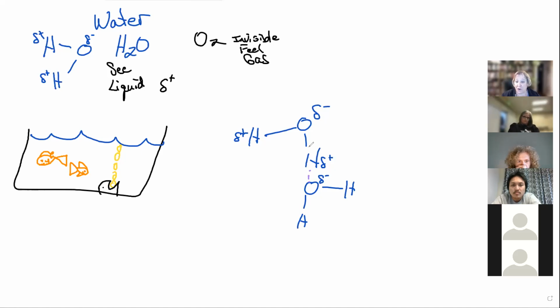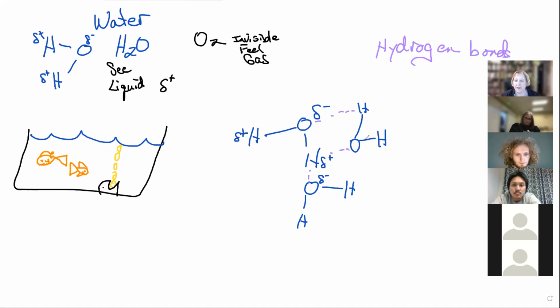We're sharing electrons, whereas this static electricity between the water molecules is a temporary thing. But we call these hydrogen bonds. And they form anytime we have oxygen bonded to hydrogen.